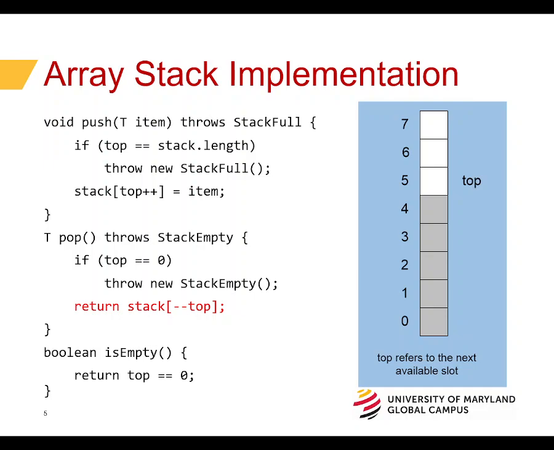Using a prefix decrement is essential, just like the postfix increment was before. It ensures the top is decremented before it accesses the element to be returned, and then decreases top by 1, to reflect that the stack now contains one less element. Finally, because the stack is empty when top is 0, isEmpty simply returns the result of that comparison.